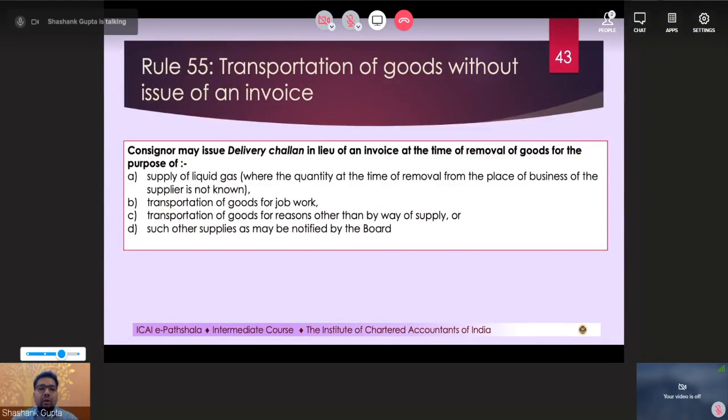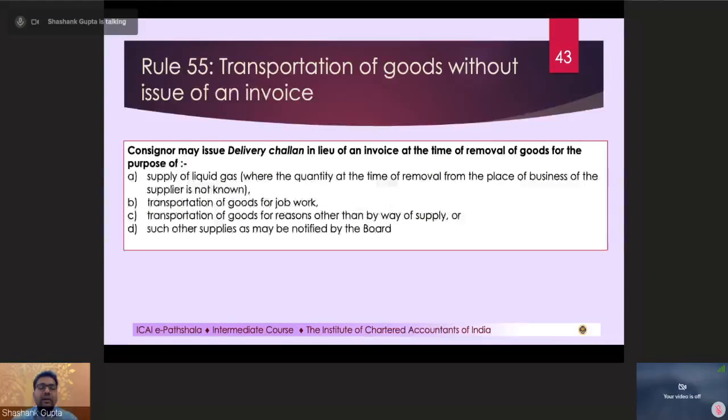Now, another important document: delivery challan. When can a delivery challan be issued? A delivery challan is required to be issued in any of these four cases. First, supply of liquid gas, where the quantity at the time of removal is not known.